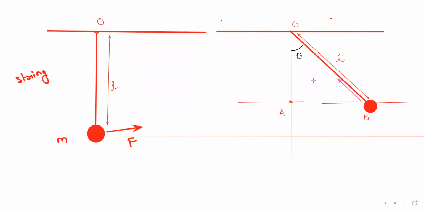Tension is in this direction, mg is in the downward direction, and the variable force is in this direction.